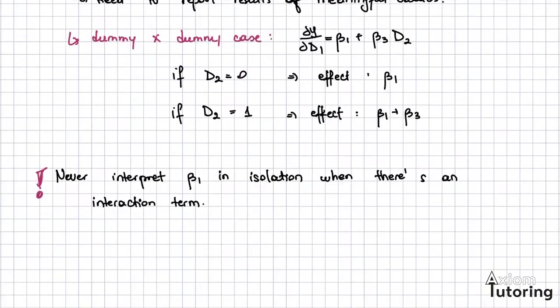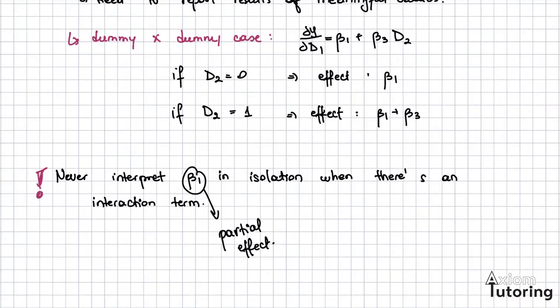It only tells you the effect of x when Z equals 0. And if Z equal to 0 is not a meaningful value in your data, beta 1 alone is not a meaningful number, okay?